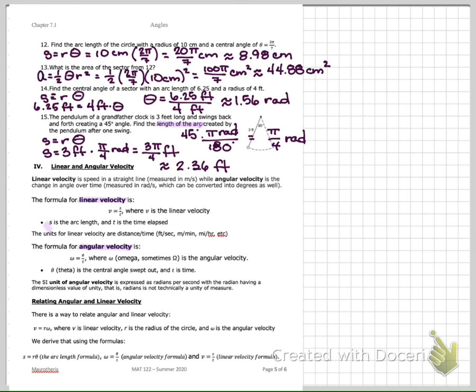Bottom of this page, we can relate angular and linear velocity using the formulas that we have. So the linear velocity is the radius times the angular velocity. And we can use any of our three formulas down here as we see fit as we solve the examples coming up.